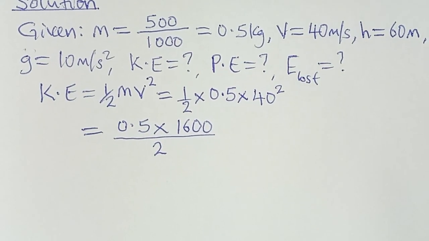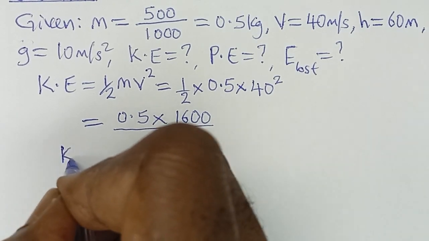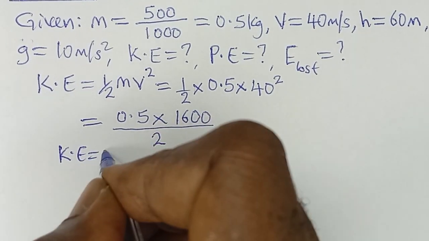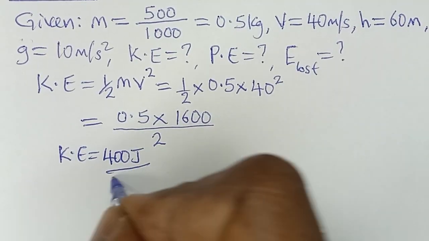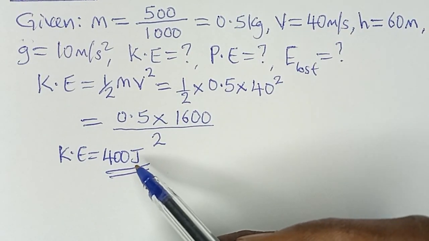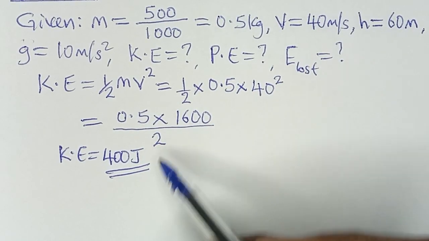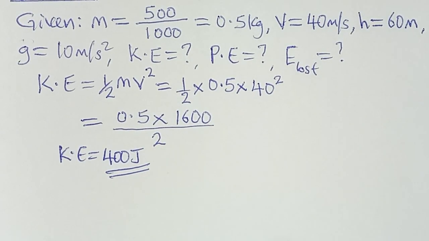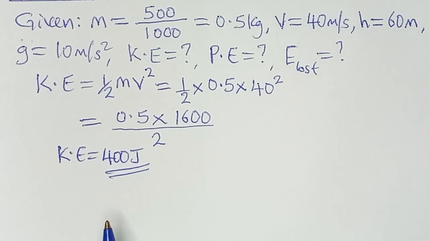And then that will simplify to give us the kinetic energy as 400 joules. Don't forget, the unit of energy is joules. So the kinetic energy is 400 joules. When you multiply 0.5 by 1600 and you divide by 2, it's going to give you 400 joules as the kinetic energy. So that is the first part of the question.